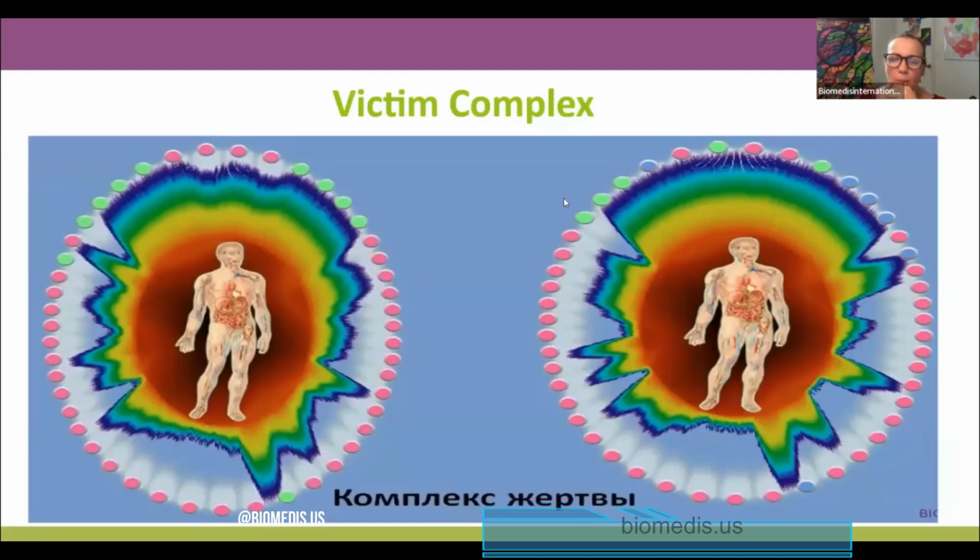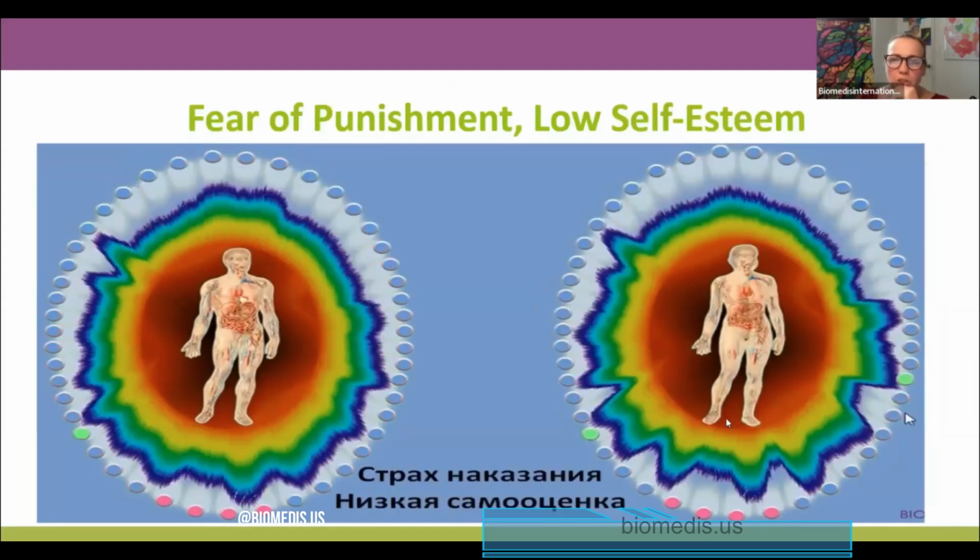This is the victim complex, a person who always complains about life and stuff. You also see very spiky energy, and especially under his legs, the loss of the aura. Fear of punishment, low self-esteem.